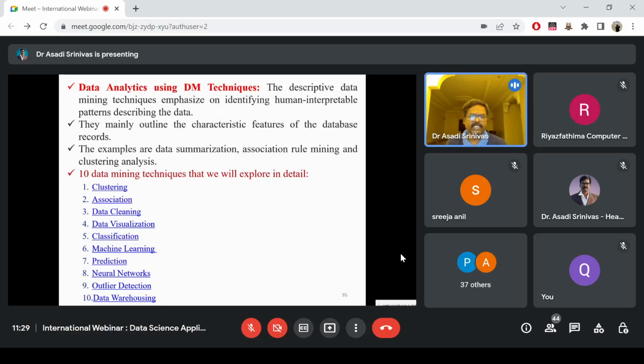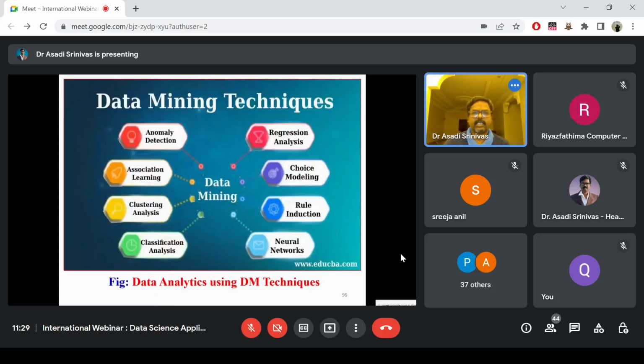We are using clustering, association rule mining, data cleaning, data visualization techniques, classification techniques, machine learning, prediction, neural networks, outlier detection, data warehousing, tools and techniques. So, data analytics using data mining techniques like anomaly detection, regression analysis, association learning, choice modeling, clustering analysis, rule induction, classification analysis, neural networks.